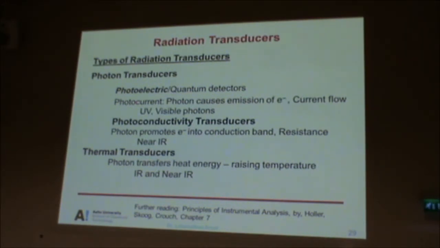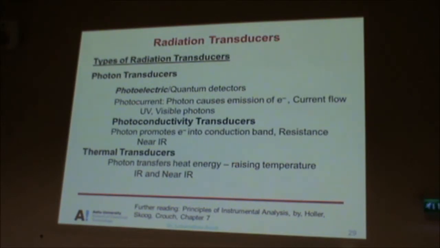Photocurrent transducers generally detect photons that are very high energy, for example UV or visible. On the other hand, near infrared photons don't have that much energy to knock electrons out of the sample, but they do have enough energy to take the electron from the valence band to the conduction band. So the conductivity of the sample changes, and that's the basis of photoconductivity transducers.